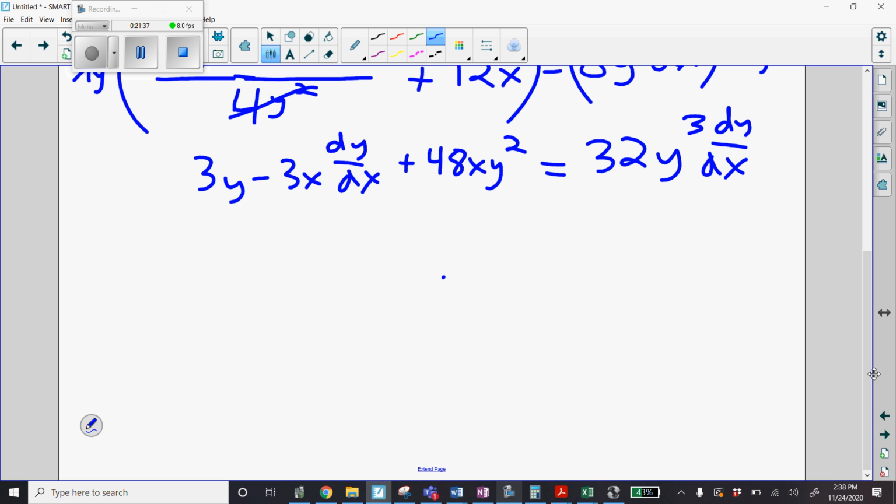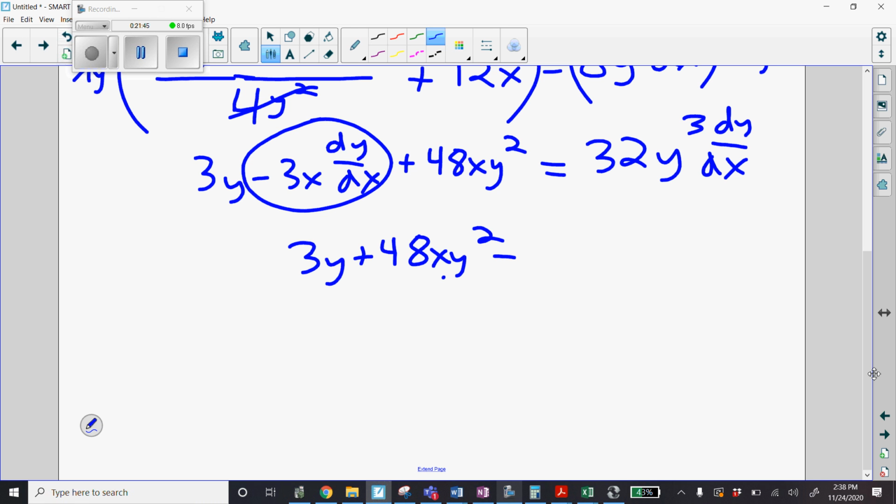I'm going to add this term over to the right side, and I'm going to get 3y plus 48xy squared equals 32y cubed dy/dx plus 3x dy/dx.